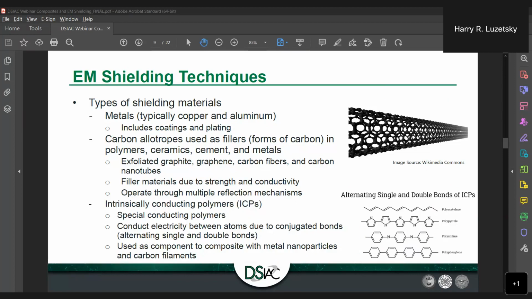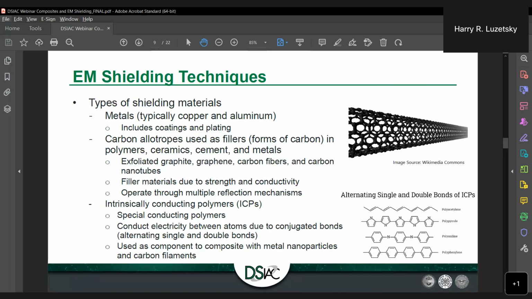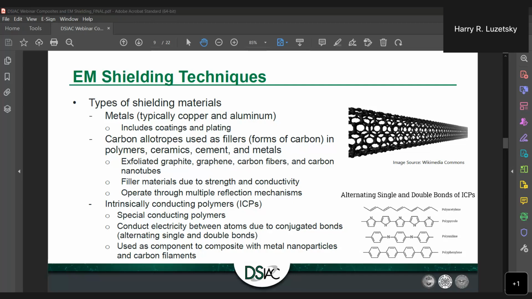There's been a lot of work going on in those areas. The filler materials both provide strength and conductivity improvements to the composite, and they also operate through the development of multiple reflection mechanisms. If you can imagine a series of small tubes suspended within your composite matrix, there's a lot of areas for the electromagnetic waves to be both absorbed as well as to be reflected and re-reflected within the structure.